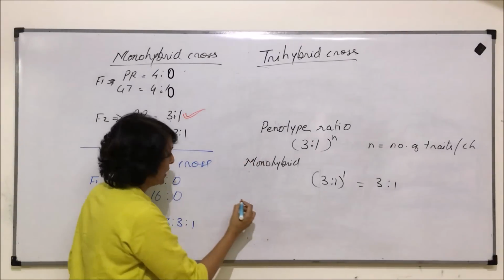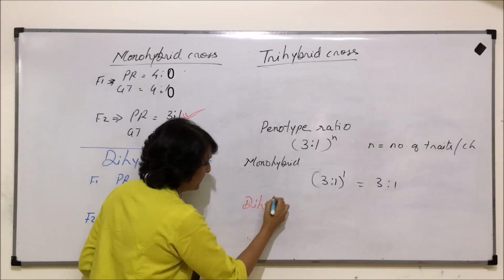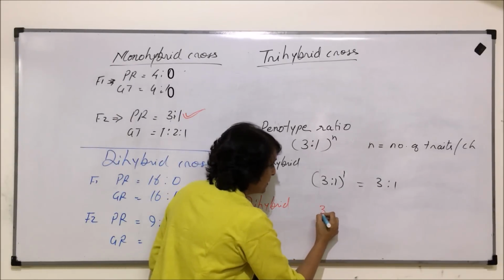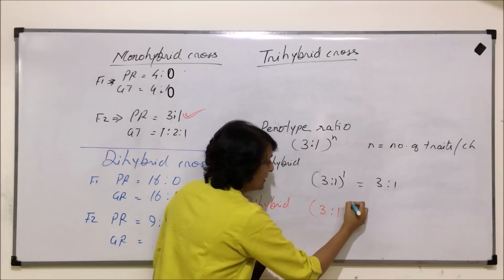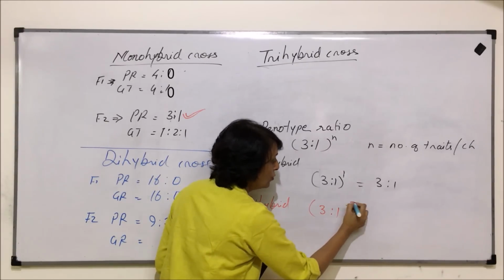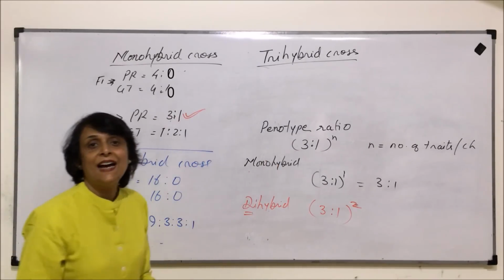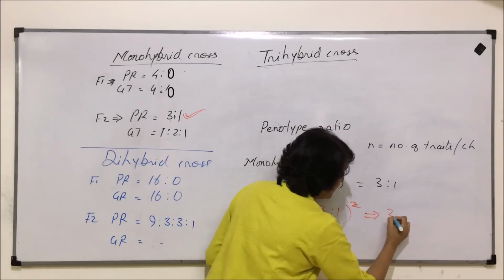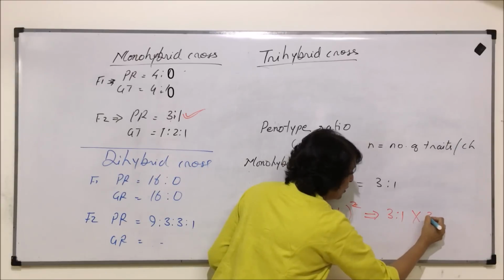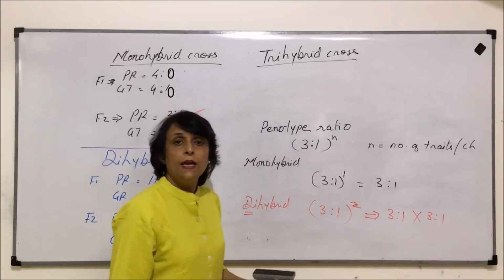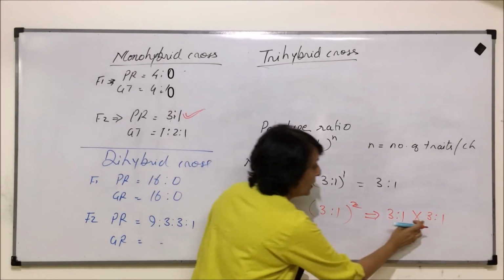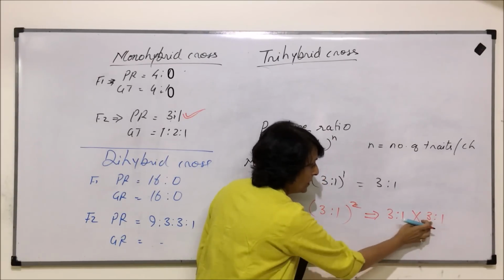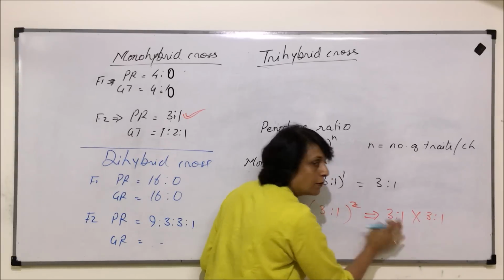And we are talking of phenotype. Then in dihybrid, the formula remains the same, 3:1, but this n is now 2 because we have taken a dihybrid cross. This basically means 3:1 into 3:1. How do we reach here? We multiply 3 with 3 and 3 with 1, and then 1 with 3 and 1 with 1.